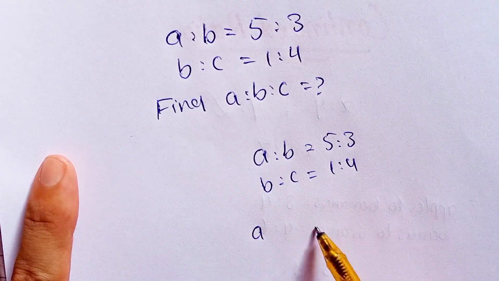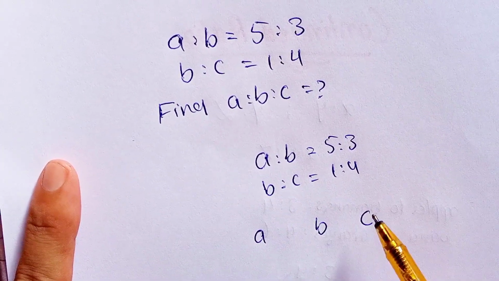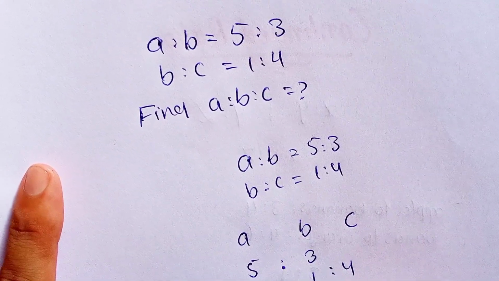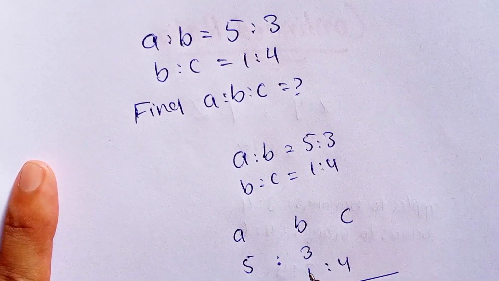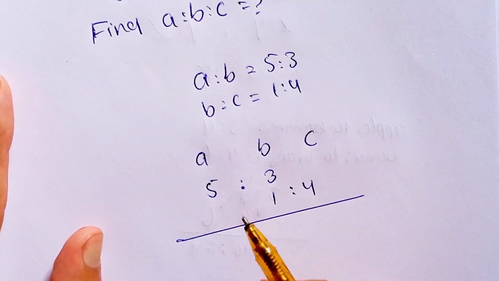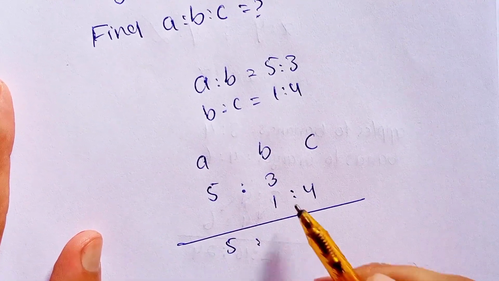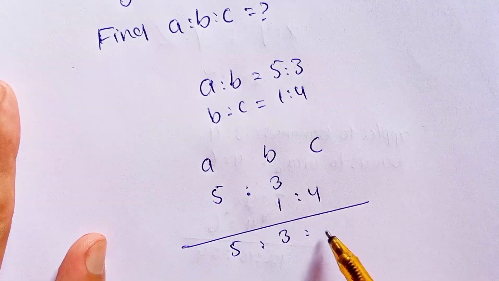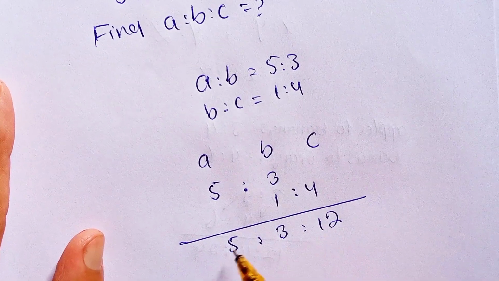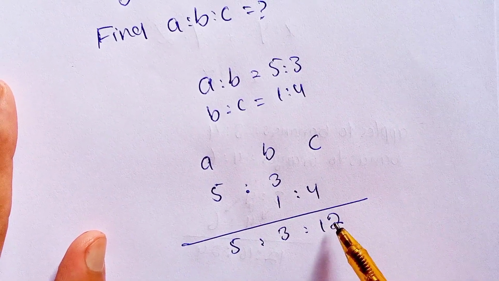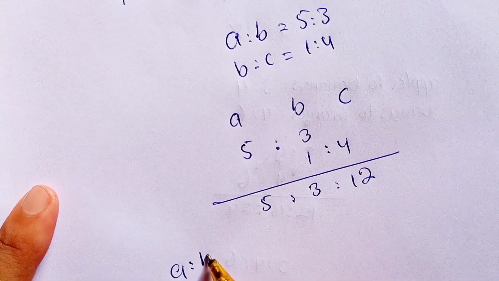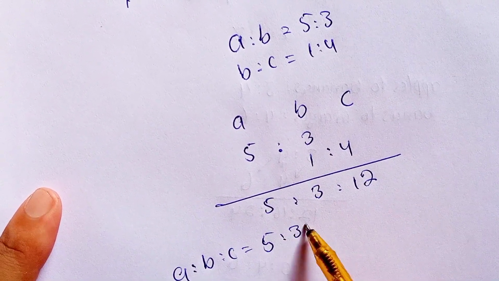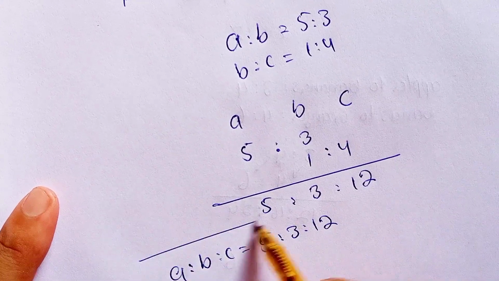So 1 times 5 is 5, 1 times 3 is 3, and 3 times 4 is 12. So the correct ratio is 5, 3 and 12. A:B:C is equal to 5:3:12.